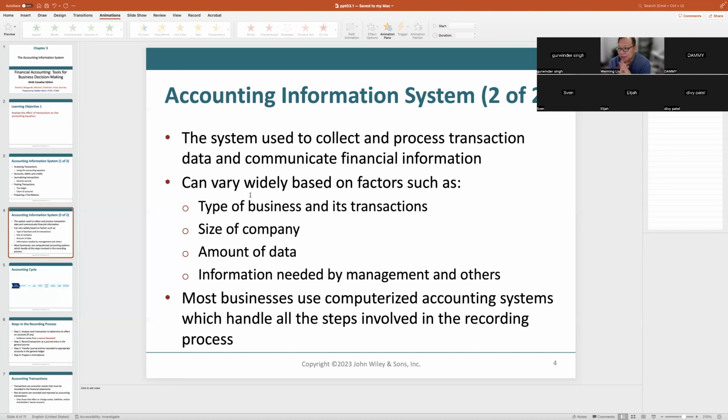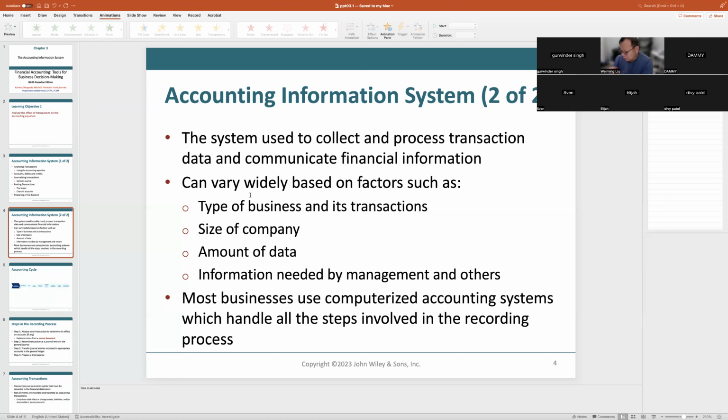So again, it really depends on the size of the company, the amount of data you are processing every day, the type of business, and the information needed by the management. So they will use different types of accounting information systems.